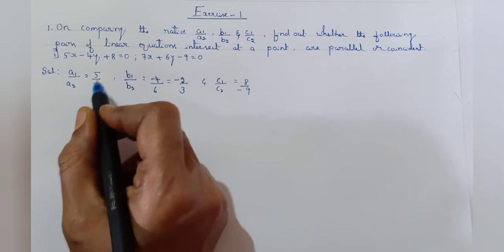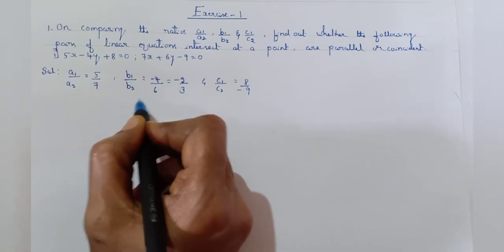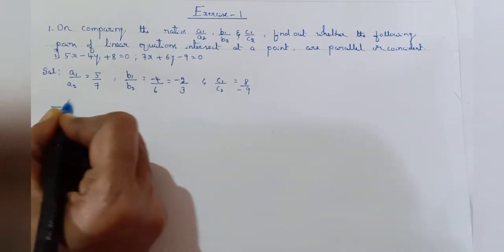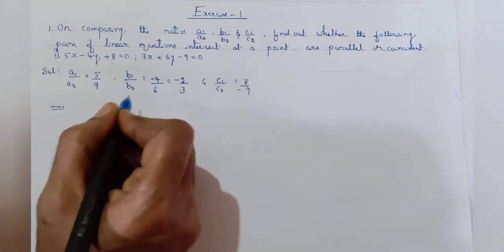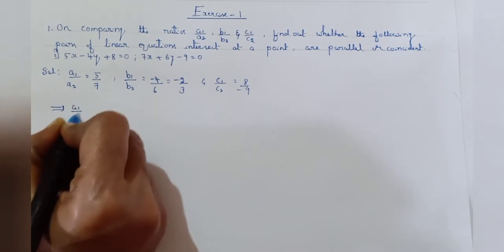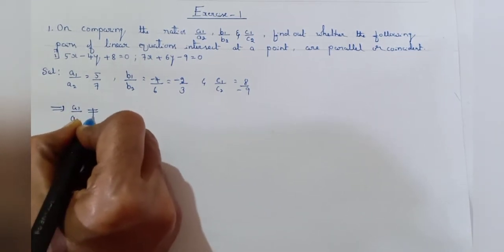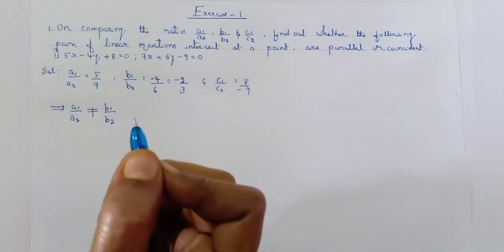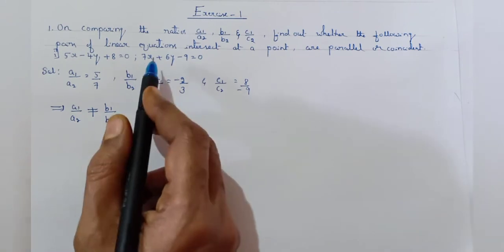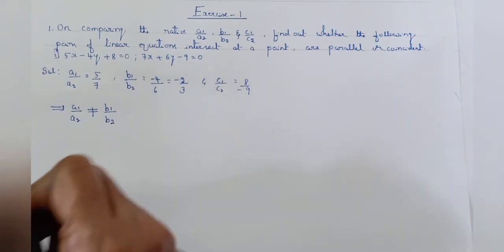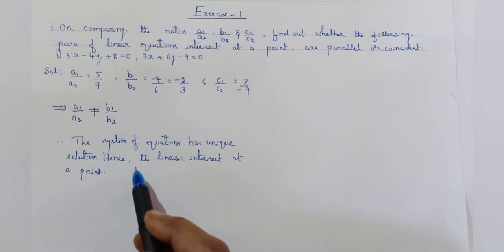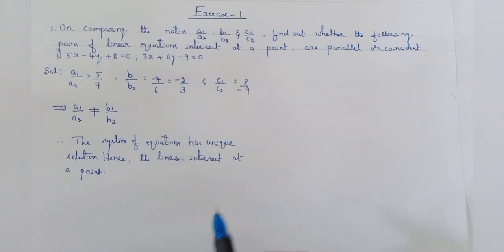Here A1 by A2 is 5 by 7, B1 by B2 is minus 2 by 3. So A1 by A2 is not equal to B1 by B2. If A1 by A2 is not equal to B1 by B2, then the system of equations has a unique solution. So, since the system of equations has a unique solution, the lines intersect at a point.